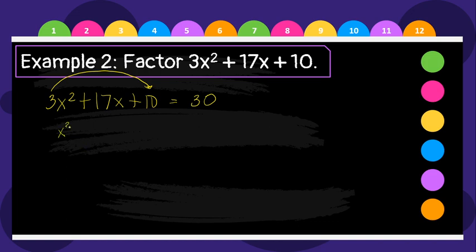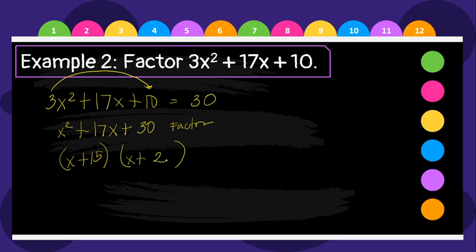Bring down x squared plus 17x plus 30, and then factor. The numbers that when multiplied give 30 and when added give 17 are 15 and 2. Both are positive.